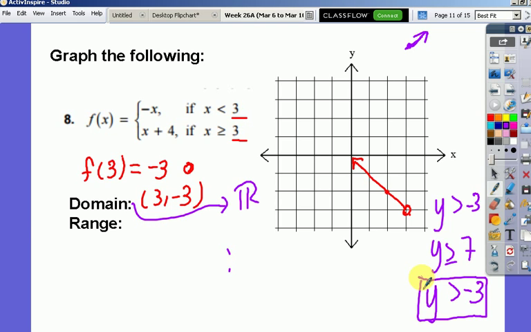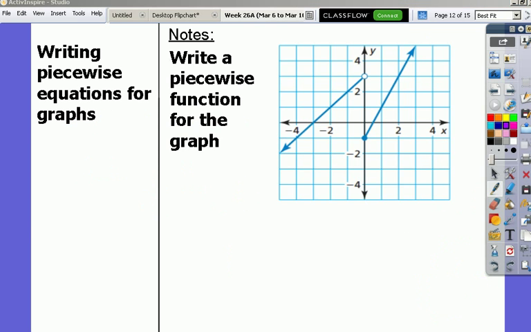One more thing and we're done. Okay, so to go backwards, this is all we do. We look at one line at a time. We find what our slope and y-intercept is. So what's our y-intercept here for this line? 3, right. So 3 is my y-intercept.